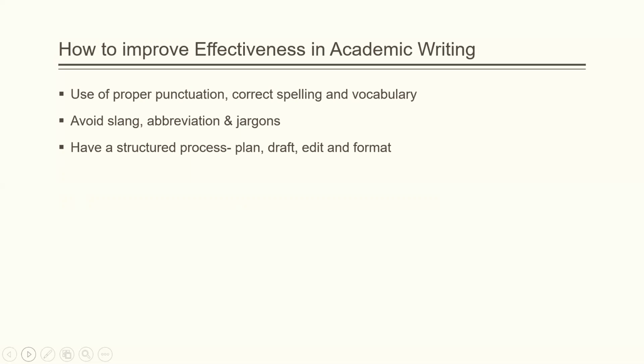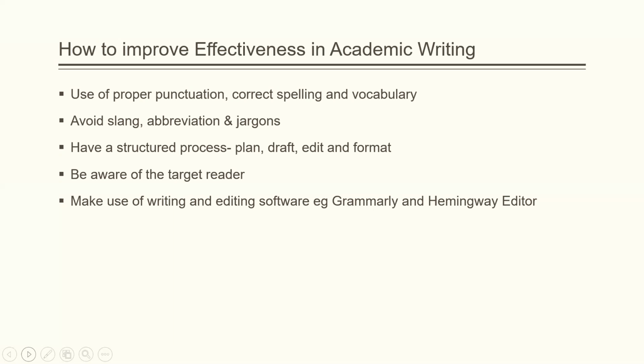Have a structured process. That is, when you're writing something, first have a plan, then draft it. That is, write a rough draft, then edit it, and then again format it, checking whether you're following the proper punctuation. That is formatting. Be aware of the target reader. Whenever you are writing something, you should always have the reader in your mind, and your writing should suit the needs of the reader.